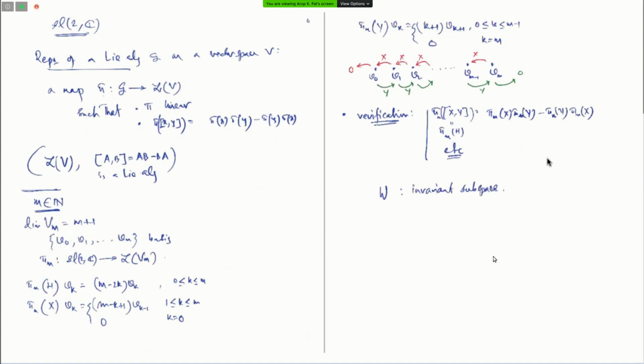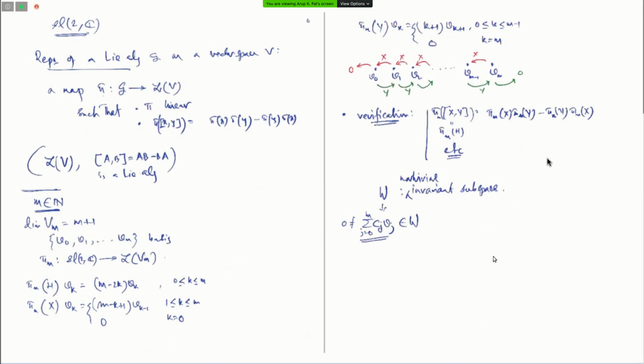Also non-trivial, because if W is 0, then it's fine. I mean 0 is an invariant subspace always. So let's assume that W is a non-trivial invariant subspace. That means there would be one such vector in W which is not 0. Now this is non-zero means at least some of the coefficients are non-zero, right?